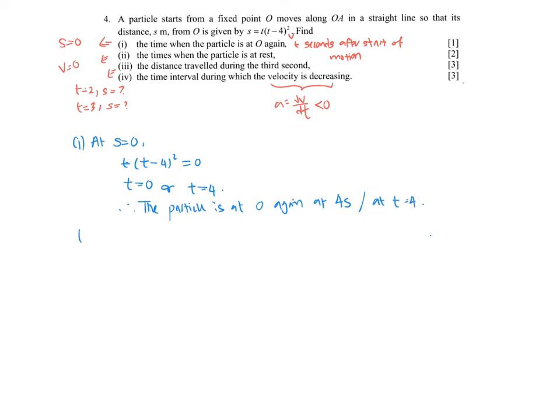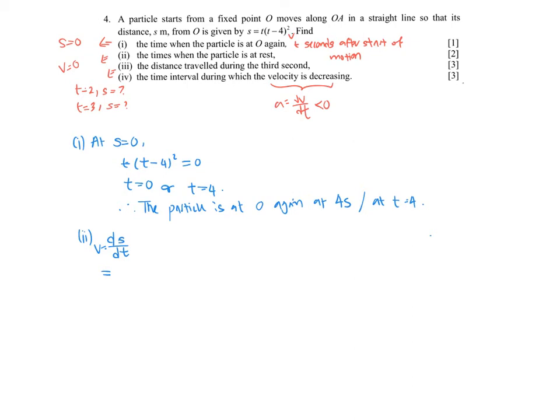For part 2, the times when the particle is at rest, we are finding out when our velocity is equal to 0. Since we are given the displacement function, to find our velocity we differentiate, ds/dt, and this is actually my velocity. Let's perform the product rule here to get our v.